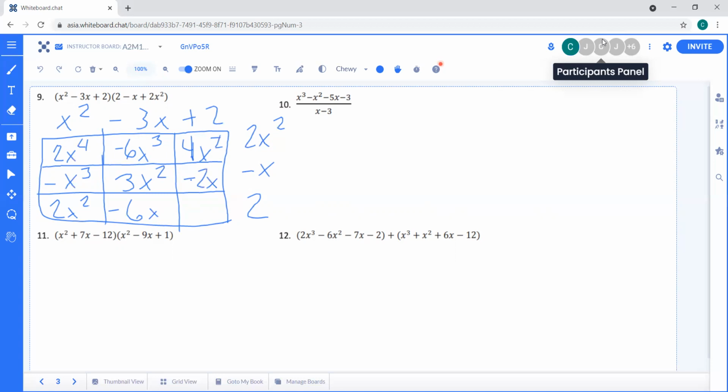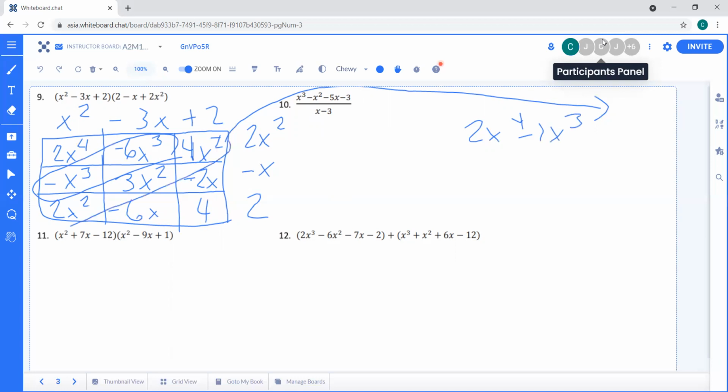I'm going to write the answer all the way over here in the corner. So that's going to be 2x to the 4th. When I combine like terms for my x cubed, I'm going to put a negative 7x cubed.